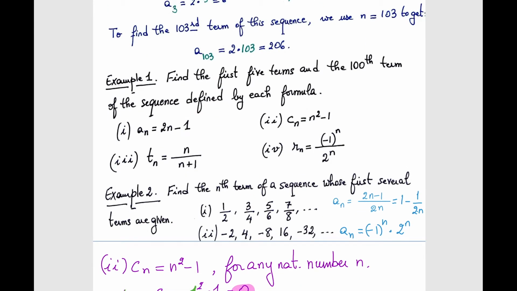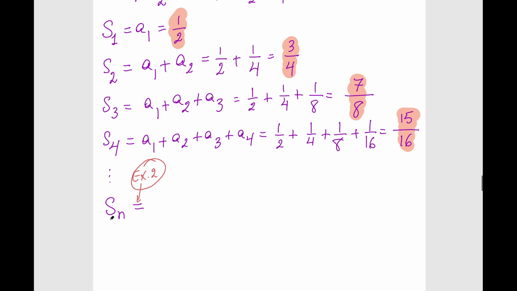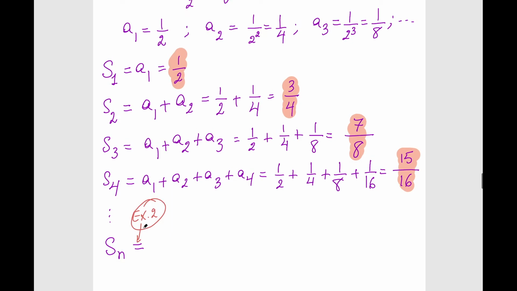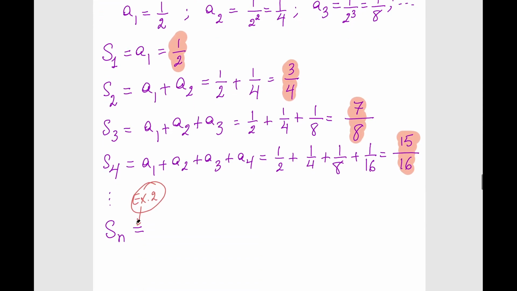So because of example 2, I can make the following guess, that the nth partial sum, so if you add up the first n terms in this sequence, a1 plus a2 plus a3 all the way to an, this is what the nth partial sum is, right?